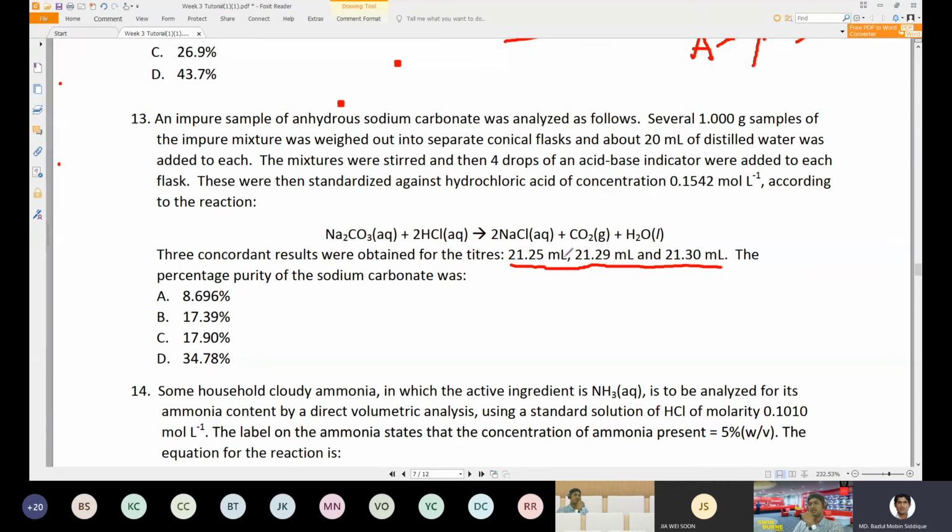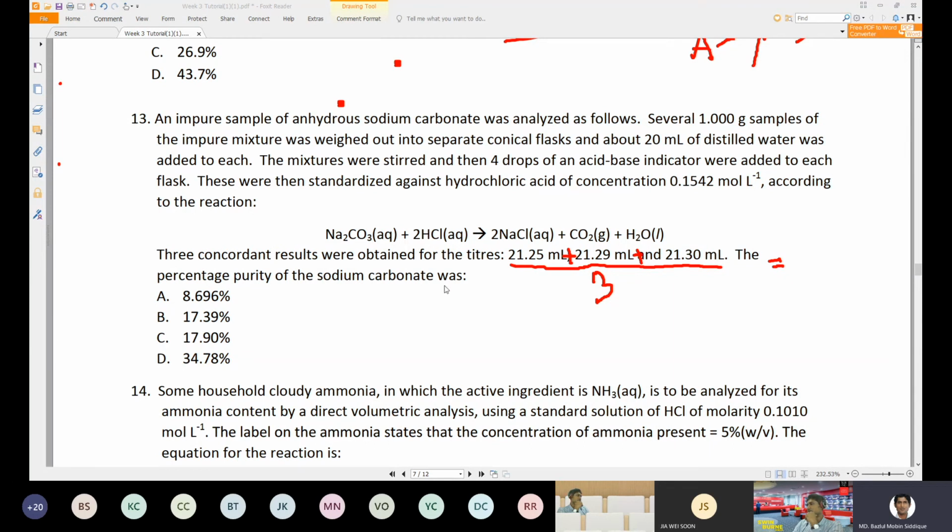How do we find it? I think you already know. We just sum it up and then divide by 3. So I will get some volume. Okay. Let me check what the volume is here.